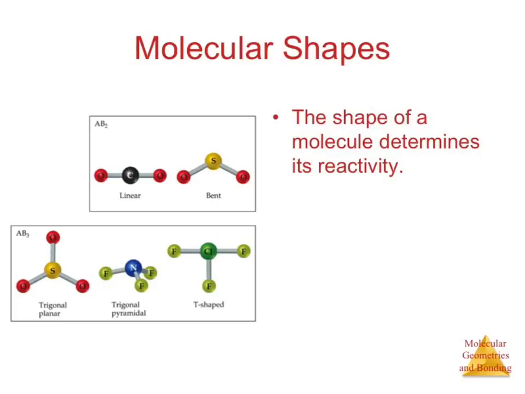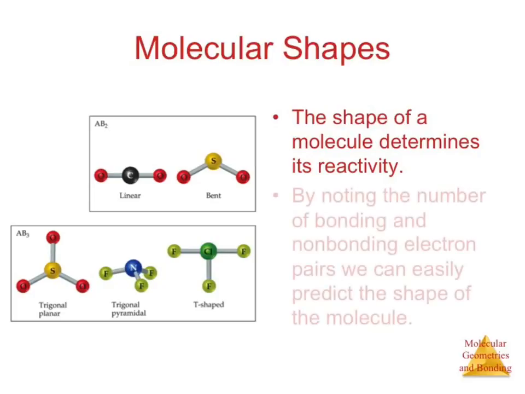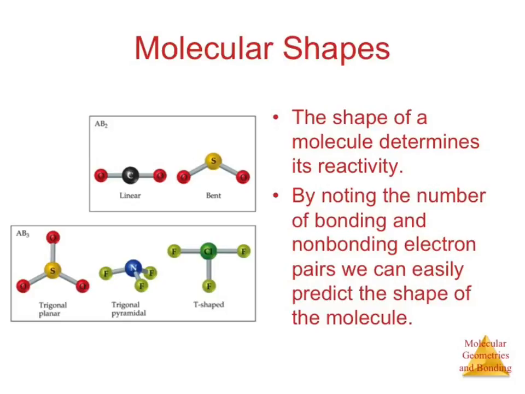The shape determines a lot about the reactivity of an individual molecule, so we have to understand a little more about shape. To determine the shape, you need to note the bonding and non-bonding electron pairs within your Lewis structure. If you don't have a Lewis structure, you can't answer any questions about shape.